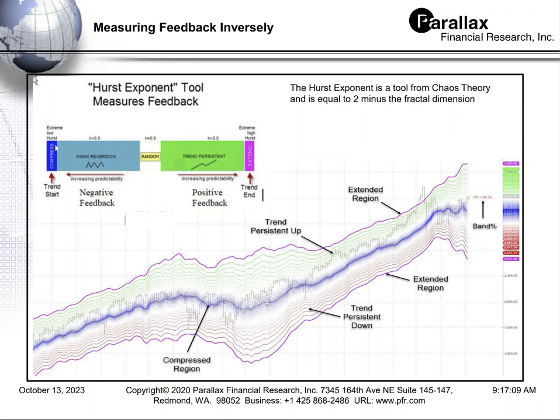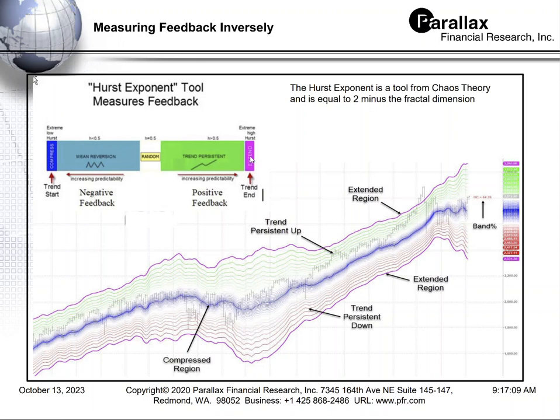Markets have the same kind of critical points, and when you reach the high end of the Hurst band, if you're moving up into it very persistently, when you reach that extreme high end, the market will suddenly break. It will stop going up. It will go sideways. It will retrace. It will just not go up anymore, with a very high probability.